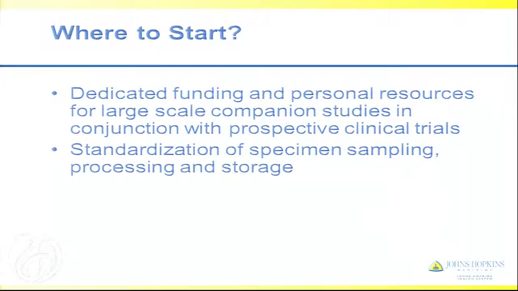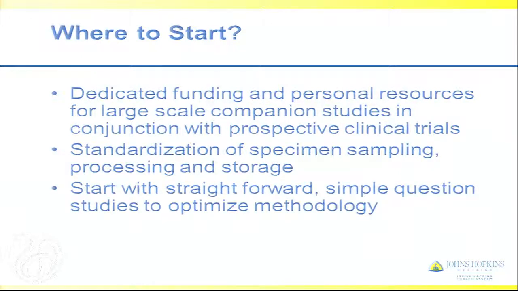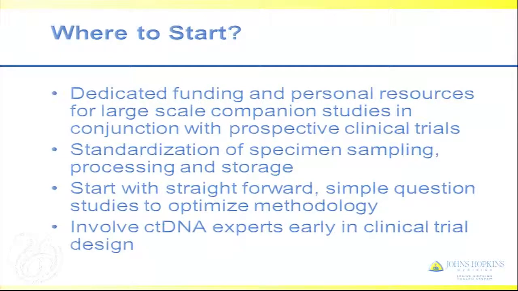We need better standardization of specimen sampling, processing, and storage. We should start with straightforward questions, with fairly simple studies, so that we can establish a methodology before making it more complicated. And we should probably involve experts in the field early on in clinical trial design.